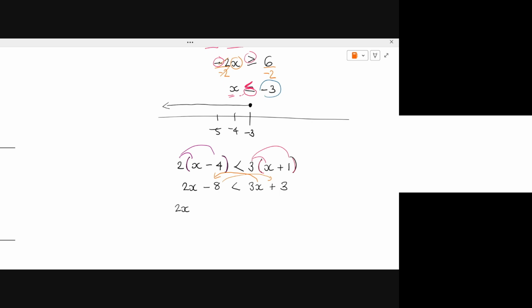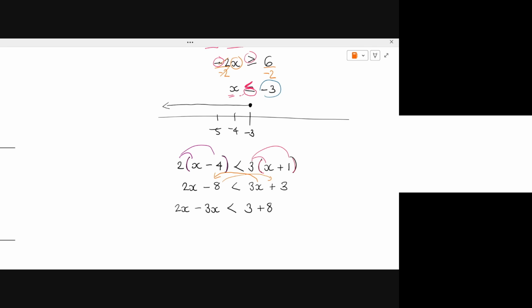And joining it will be 3x. But because it's positive 3x, when it comes over, it becomes -3x. And this is less than. 3 is already on this side, so we have 3. And -8 will come and join it, but it goes over to that side and it becomes +8.